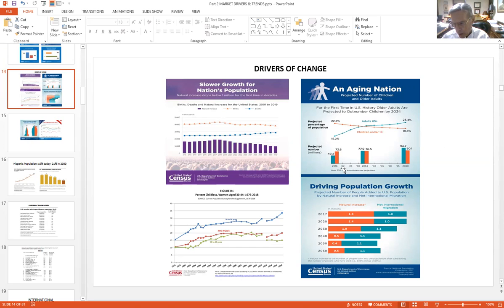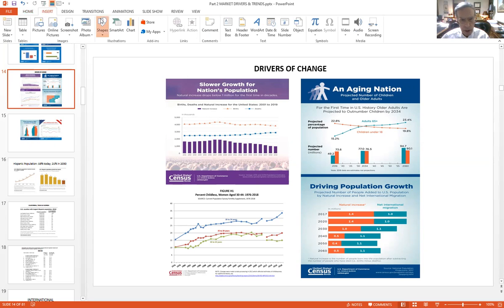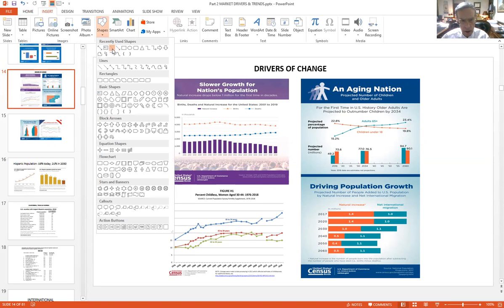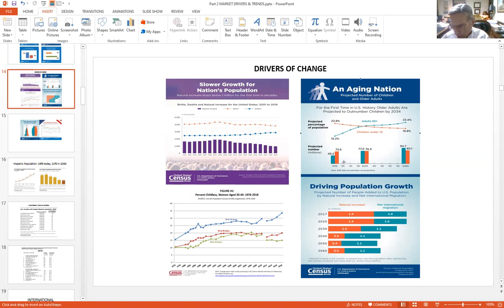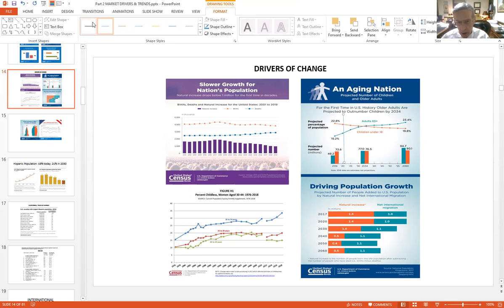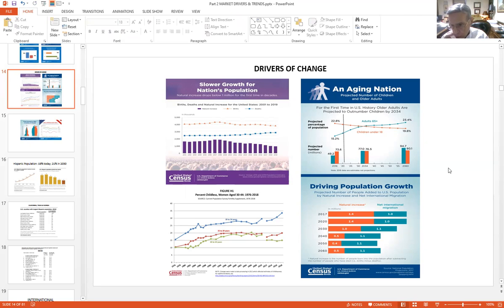First of all, please bear in mind that right now, this is 2020. So that's where we are today. And so the orange line represents children under 18.